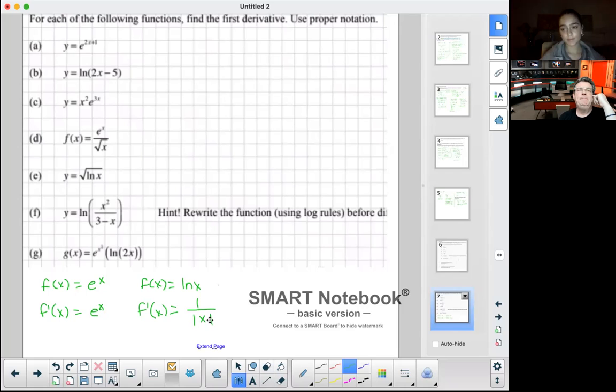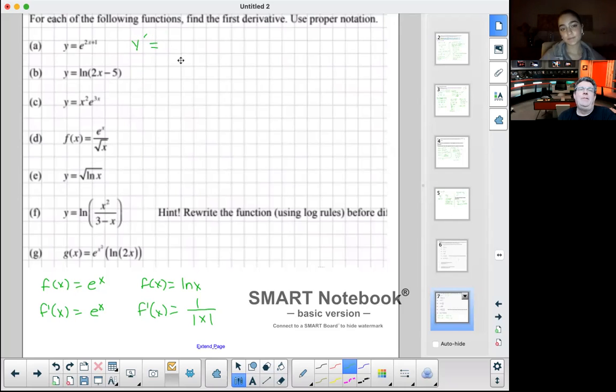Okay. So find the first derivative using proper notation. Does your teacher want you, instead of y prime, to write dy dx as proper notation? We usually use y prime. Well, good. Okay, y prime.